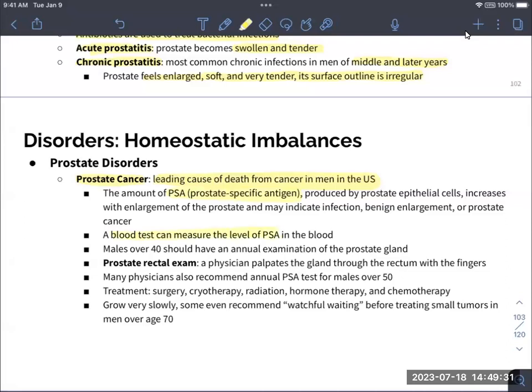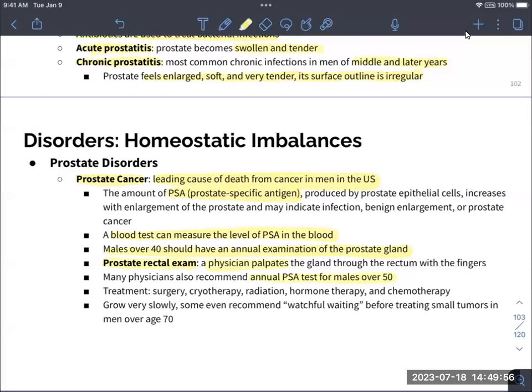You can do a blood test to check that prostate-specific antigen, but males over 40 should also start getting prostate exams. This is where this rectal prostate exam, where a physician will actually feel the prostate through the rectum, sticking a finger up through the rectum to feel that prostate.